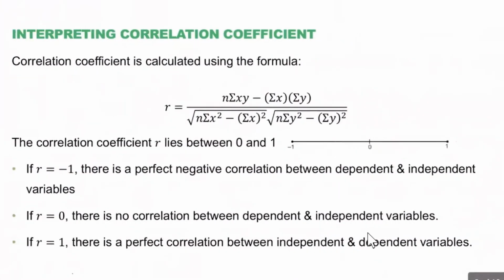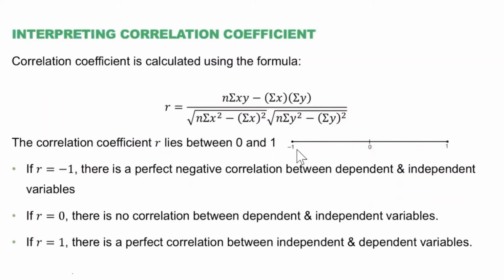Let's explore a little bit more about the correlation coefficient. After you calculate the value of R using this formula, the value of R you obtain lies between -1 and +1, or the absolute value of R is between 0 and 1. You must know how to interpret this.